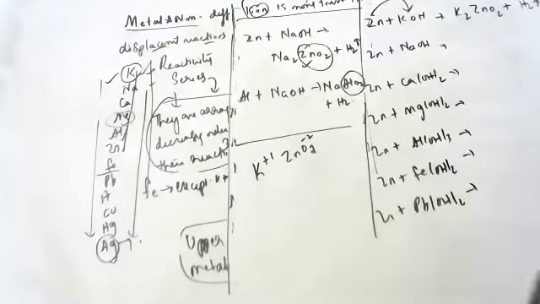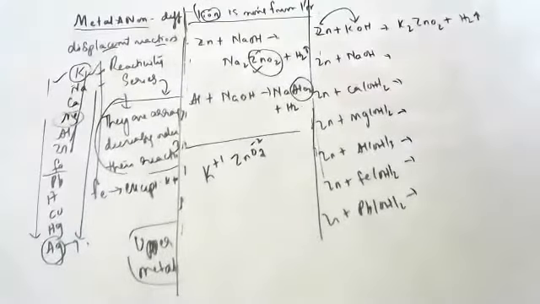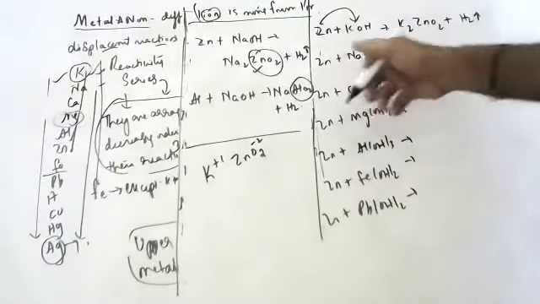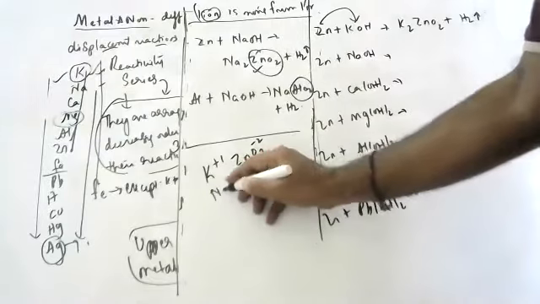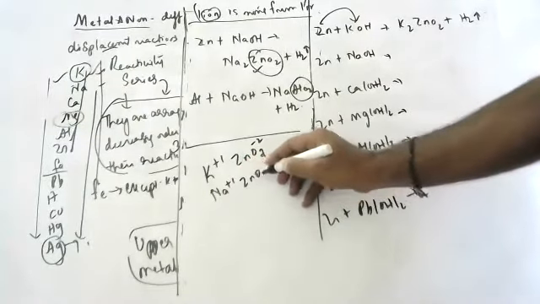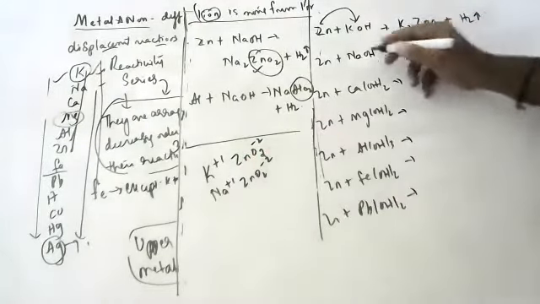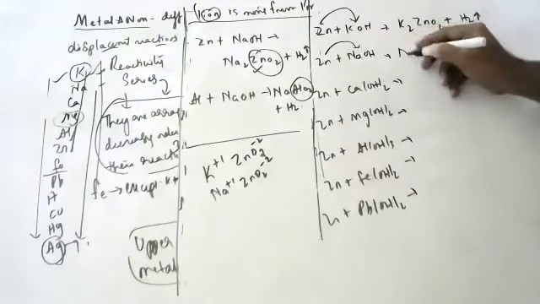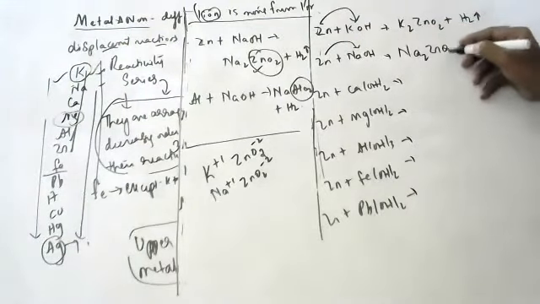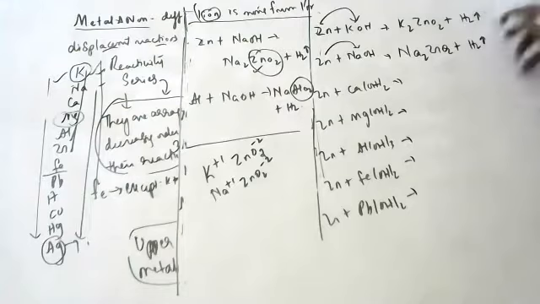Rishikesh. Zinc plus sodium hydroxide gives Na2ZnO2 plus hydrogen gas.